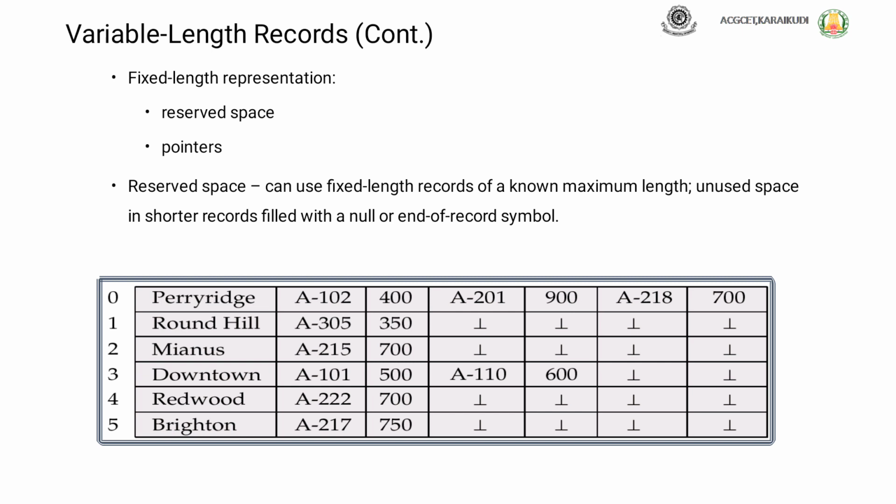In reserved space, if there is a maximum record length that is never exceeded, we can use fixed length records of that length. Unused space is filled with a special null or end of record symbol, as shown in the figure.